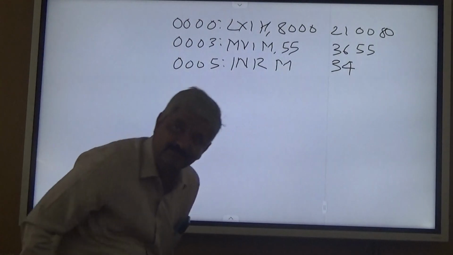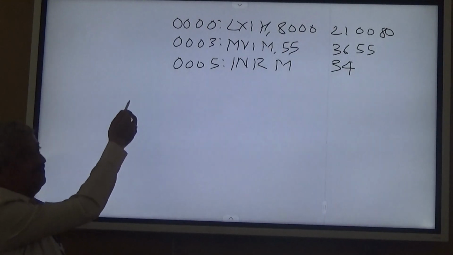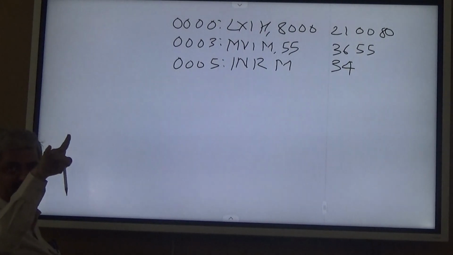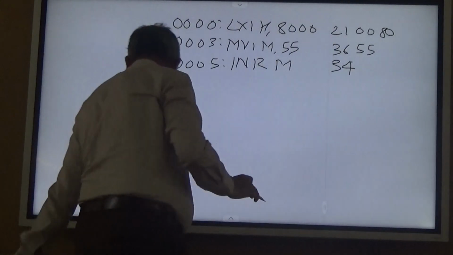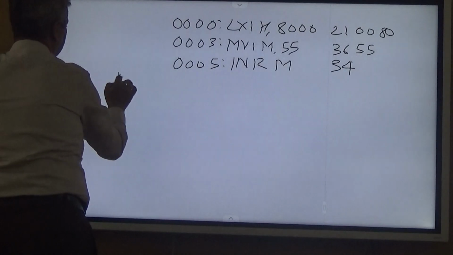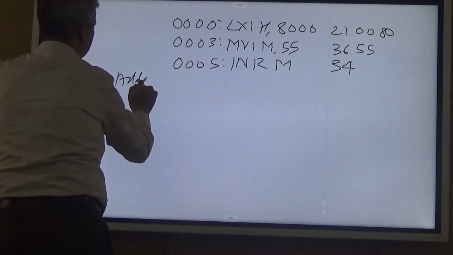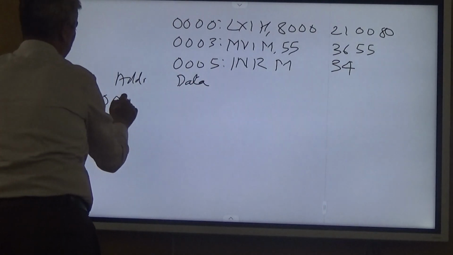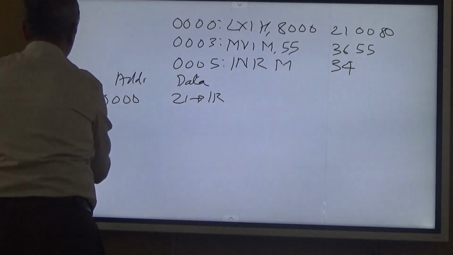So we write down the machine cycle sequence. No need for you to write at first, just watch. You should be able to say it in chorus. Type: address, data. Fetch 0000, 21 goes to IR.